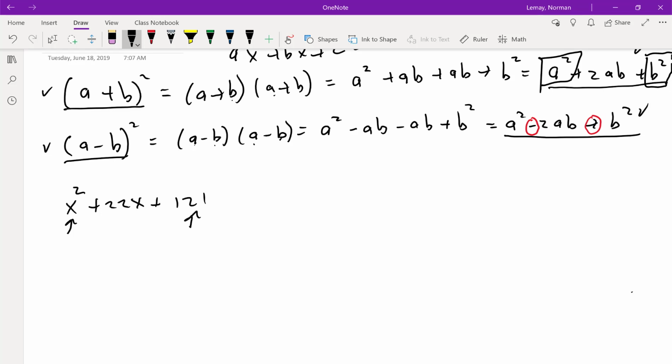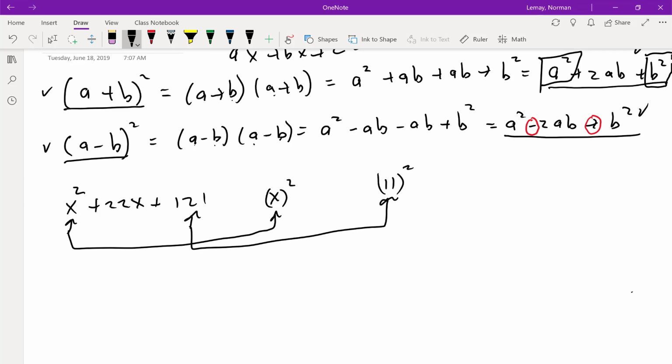I can rewrite this as x squared, and the 121 is 11 squared. So A is going to represent x, and B is represented by 11. Since we have pluses right here, the question we have to ask is about this middle term. This middle term is 2 times AB.